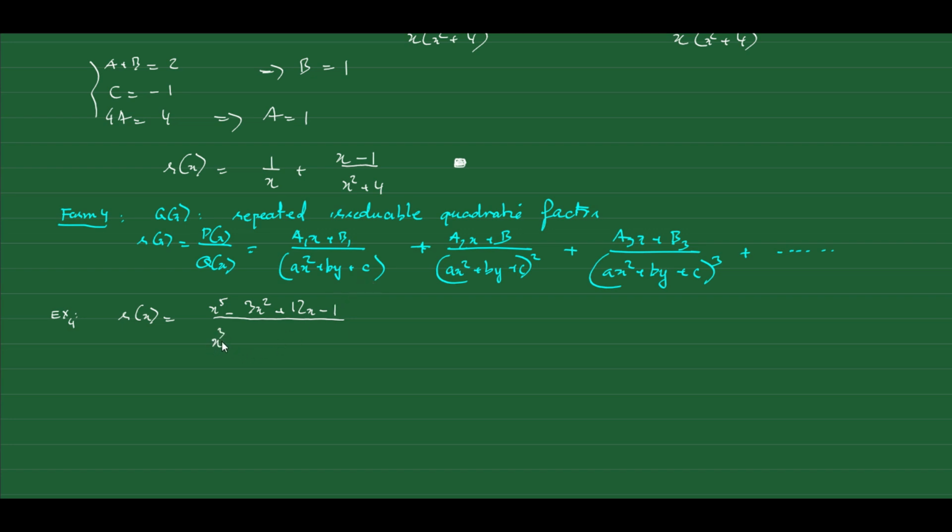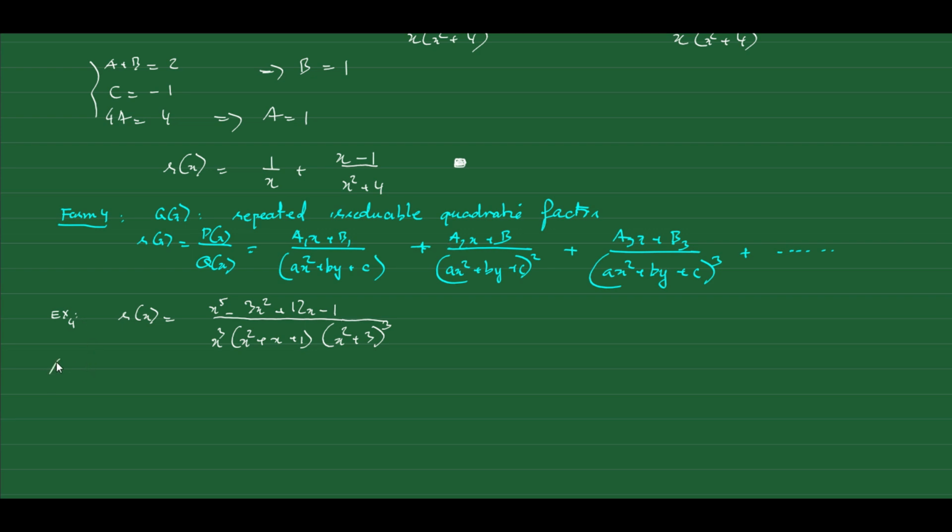This one is reducible, and it's repeated. This one is non-reducible right here. You see, quadratic non-reducible, and this one also non-reducible, repeated 3 times because it's raised to the 3rd.